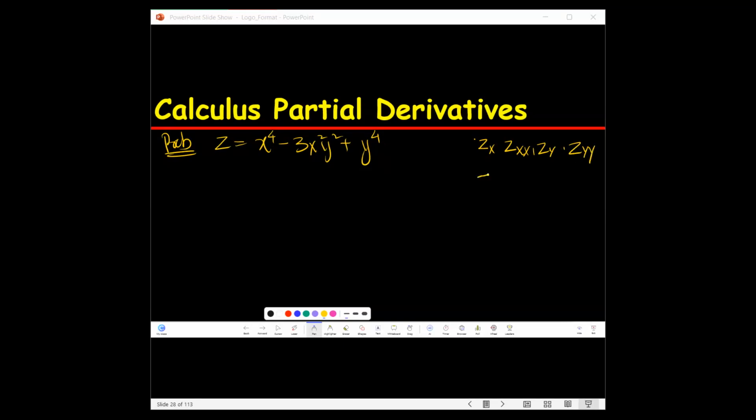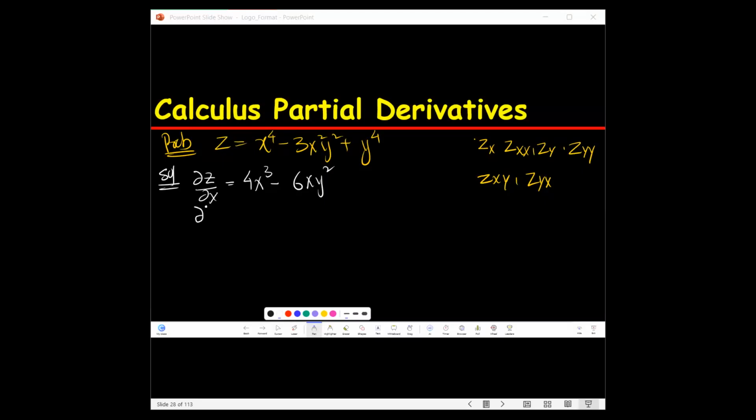Then we also need to calculate zxy and zyx. So all the possibilities of second order, or higher order, partial derivatives. This is fairly simple. We take this with respect to x. This is going to be 4x cubed minus 6xy squared, and the third term will be 0.